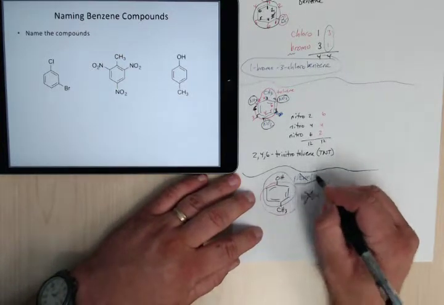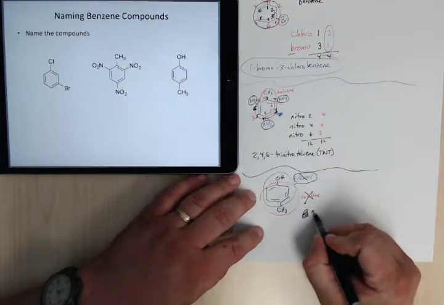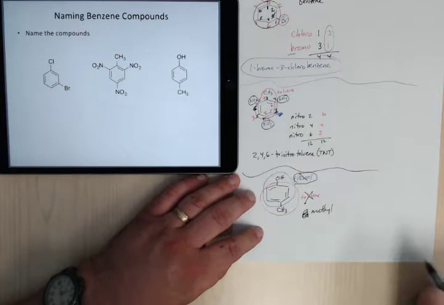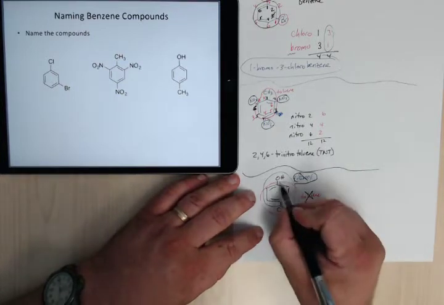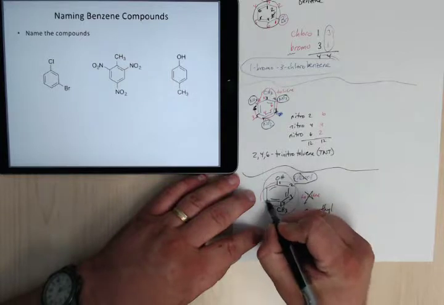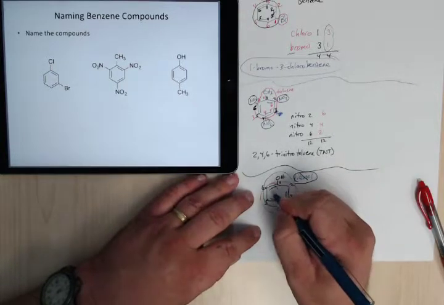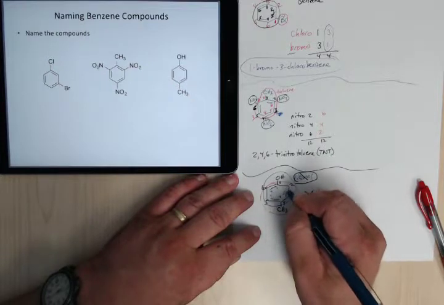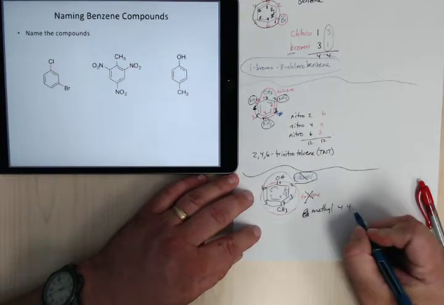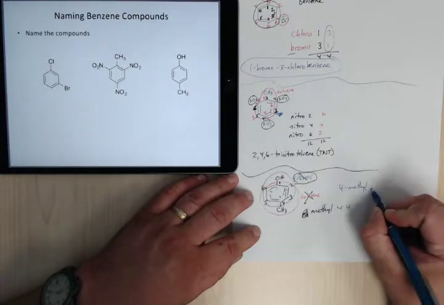So it's going to be phenol. That makes the methyl group our side chain. So 1, 2, 3, 4, 5, 6, so 4. If we go counterclockwise, 1, 2, 3, 4, 5, 6, that would again be 4. So it's going to end up being 4-methylphenol.